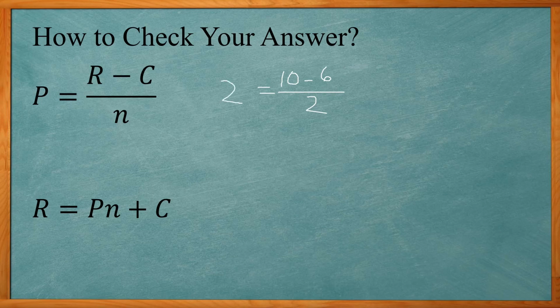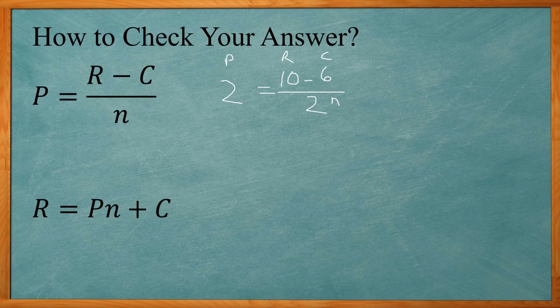Basically I'm going to put in numbers into the equation to make it work out. So our 2 is p, 10 is r, 6 is c, and our n is 2. If you plug in the same numbers into the other equation, it should work out also.